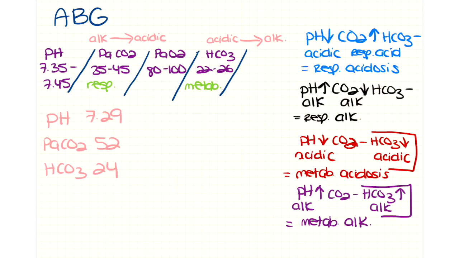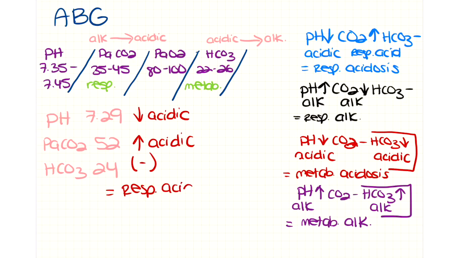So according to our pH range, it is well below, so it is acidic. PaCO2 is on the higher end, so it's acidic, and we are in range with the bicarbs. Therefore, it is respiratory acidosis.